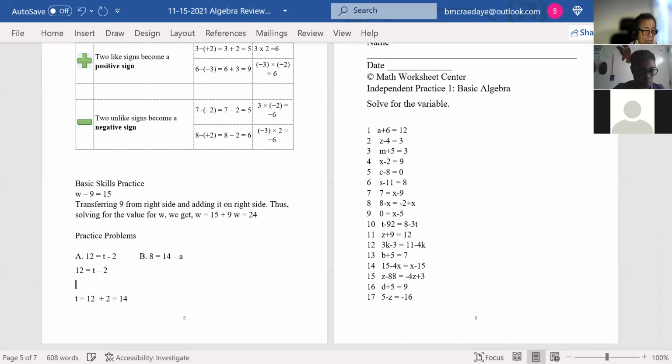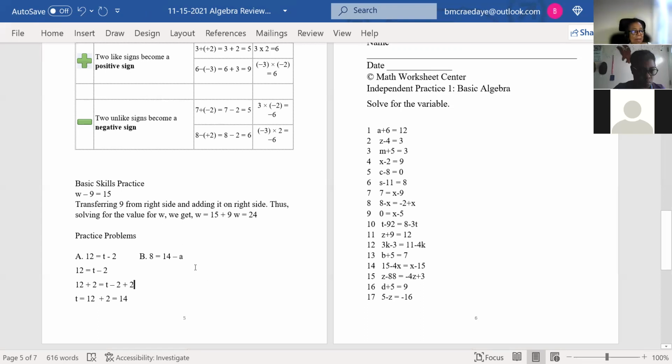Let's just put this here. 12 plus 2, keeping the equation in balance, t minus 2 plus 2. So what you get on the left side is 12 plus 2 is 14. And on the right side, t minus 2 plus 2 gives you just t, because minus 2 and plus 2 gives you 0.